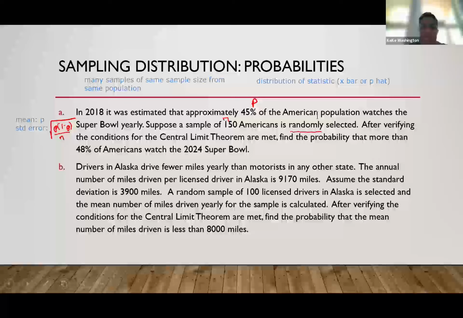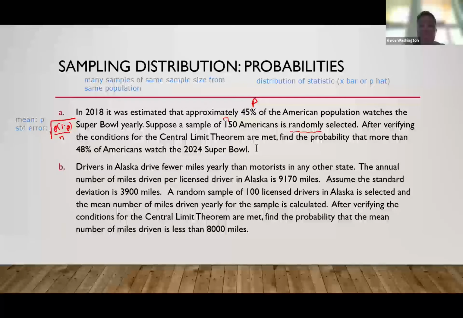So in this case, checking the central limit theorem, the first condition is that we have a random selection. The second condition is that you have to have at least 10 successes and 10 failures. So 10 people to say they watched it, 10 people to say they didn't.